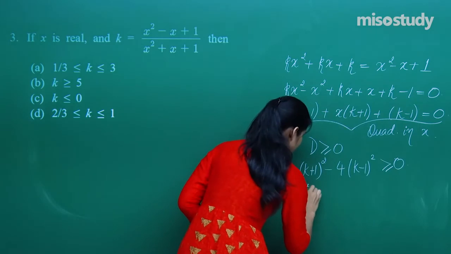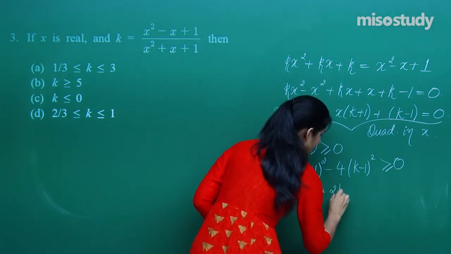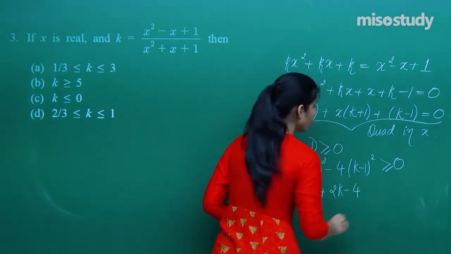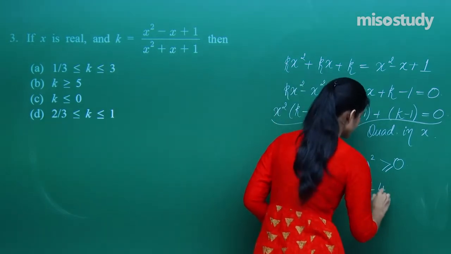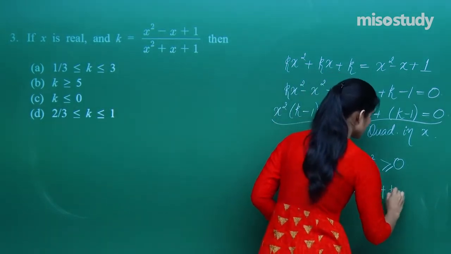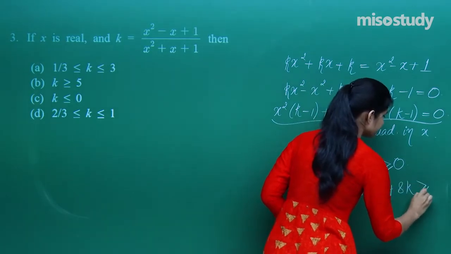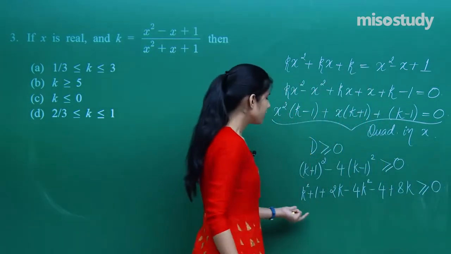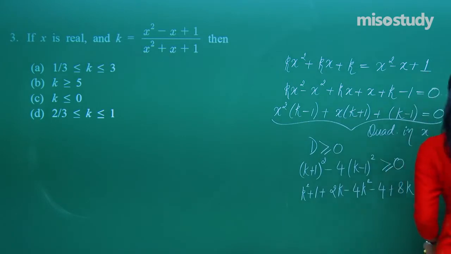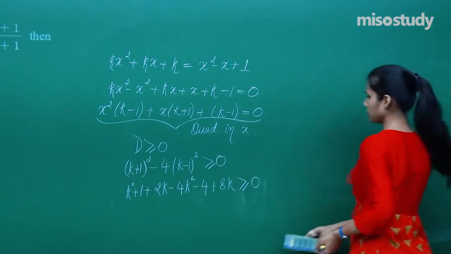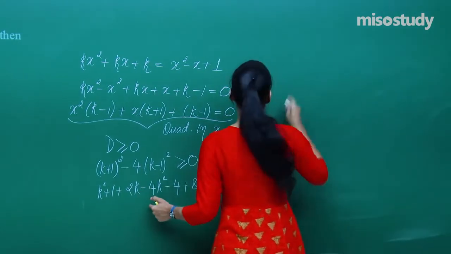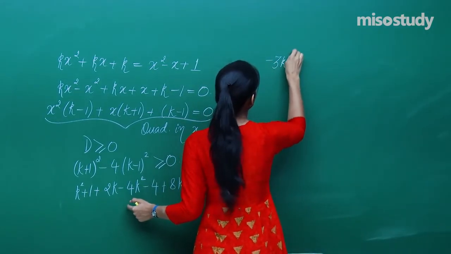This becomes k square plus 1 plus 2k minus 4k square. This is plus 1, so minus 4, minus 2k, so plus 8k. So you get k square minus 4k square, which gives you minus 3k square.